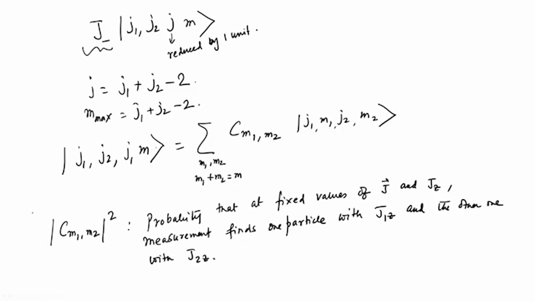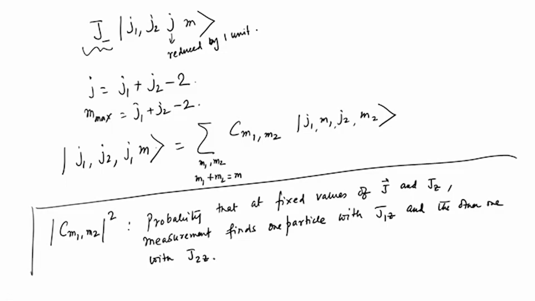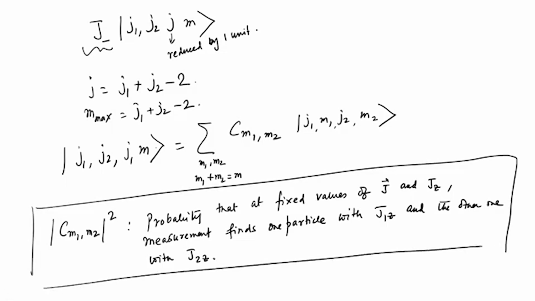So, this is the meaning of the Clebsch-Gordon coefficient. At fixed values of J square and Jz, if you make a measurement on the particles, the individual particles will be found with their corresponding magnetic quantum numbers M1 and M2, and this is what it is.